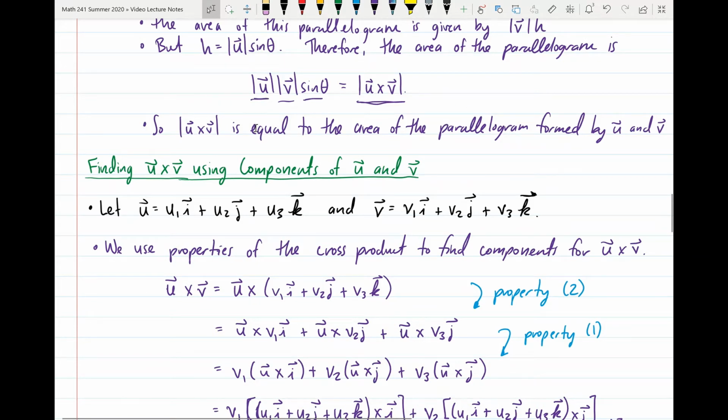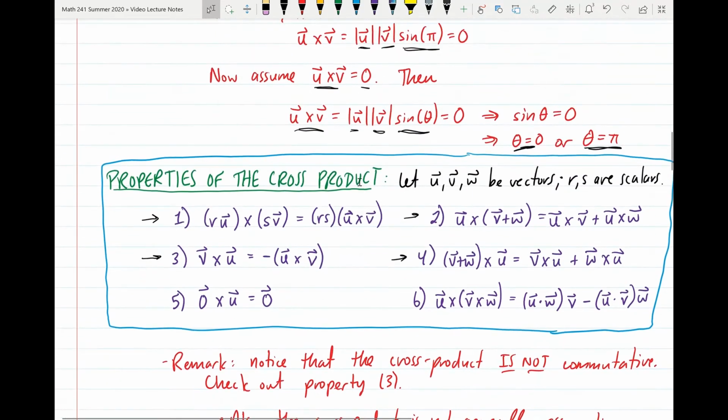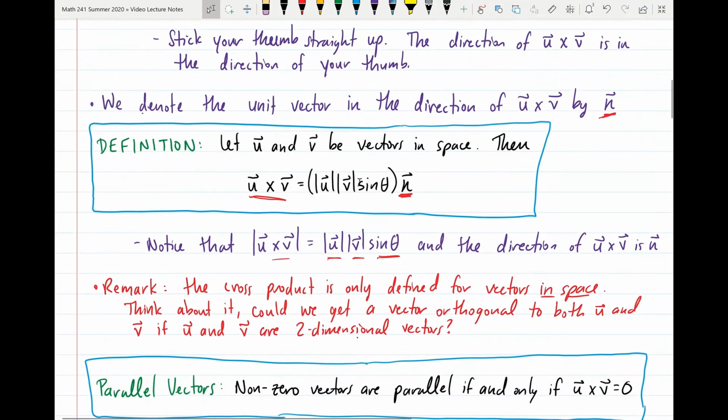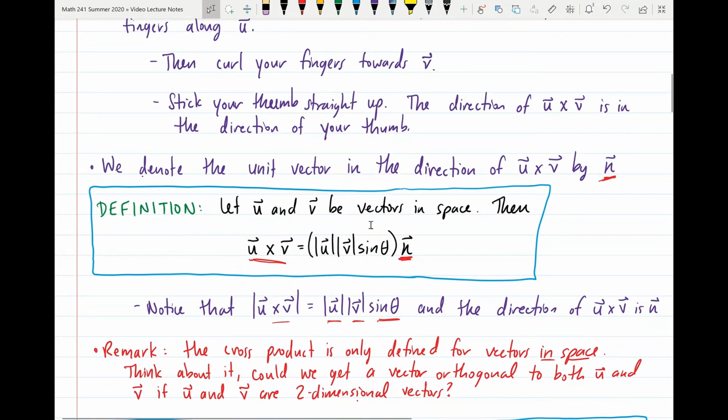So for the last part of the video, for the first half of section 12.4, I want to talk about how we can find the cross product of two vectors u and v using the component form of u and v. So if we go back up to the definition of the cross product, notice that it's really easy to find the magnitude of the cross product because it's just the length of u times the length of v times sine of the angle between them.